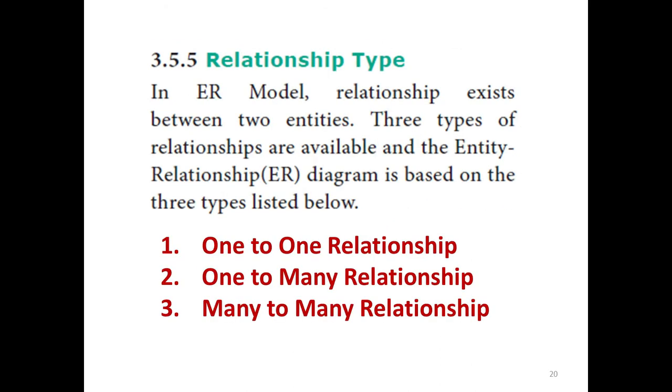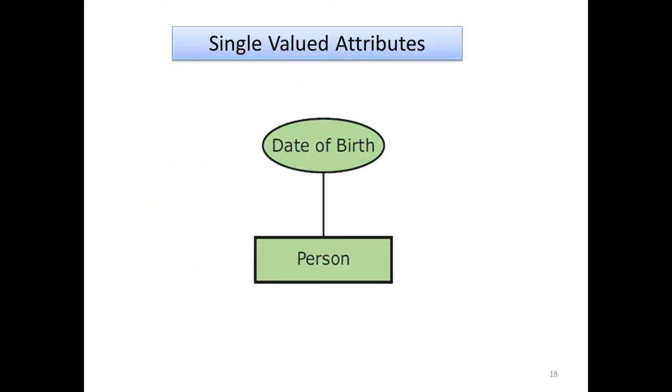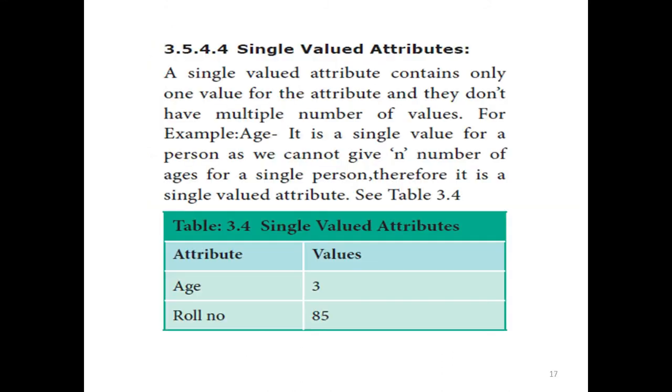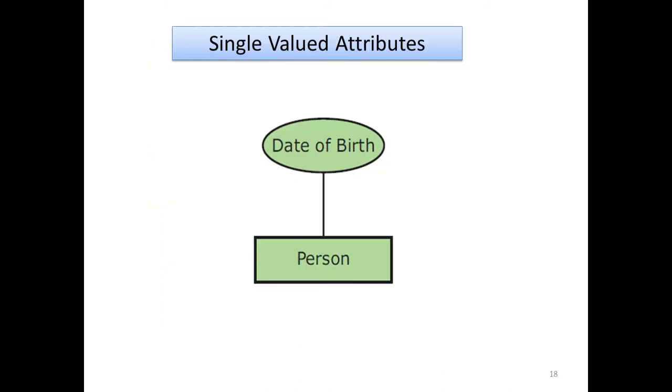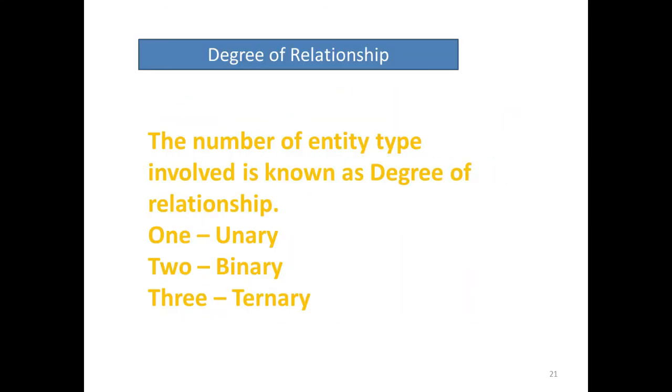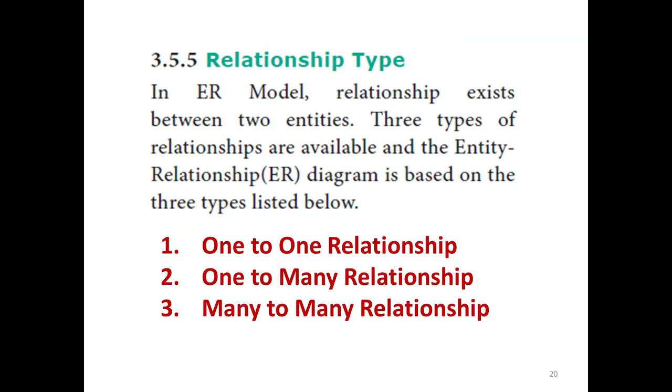Okay. The next one, relationship type. What is a relationship type? In the ER model, a relationship exists between two entities. Three types of relationship are available in the entity relationship diagram. Normally two entities. In the previous example you saw two entities.